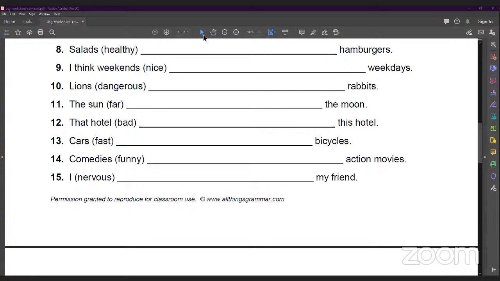Last one, miss. Number 15. Two exercises per student. I'm more nervous than my friends. Yes, that's it. That's correct. You see, it's not difficult. Let's continue.